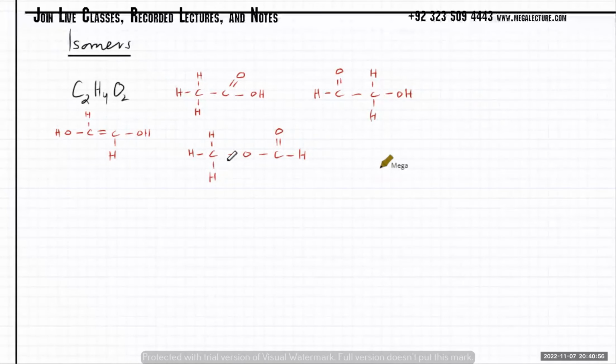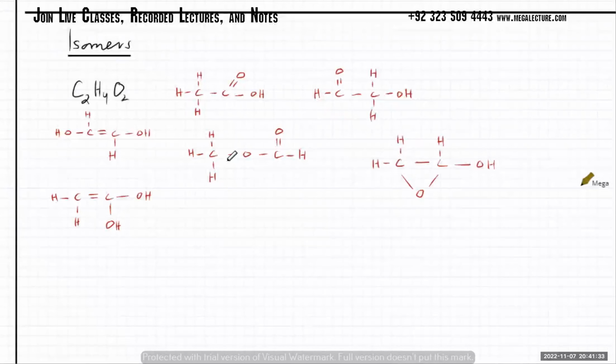What else could it be? Maybe the double bond and the two OH groups are on the same carbon atom. And there could be a cyclic version as well, where the oxygen is in a ring, with an OH, an H, and two H's on the other carbon.